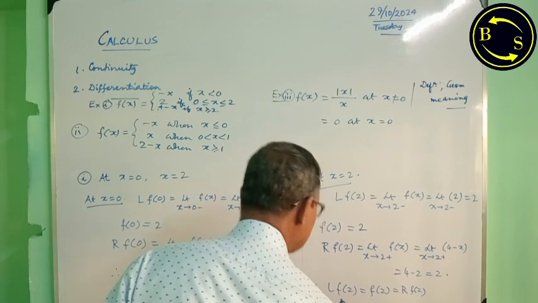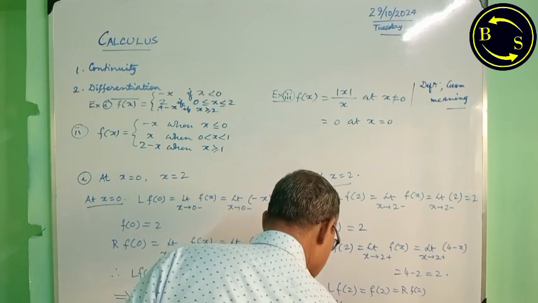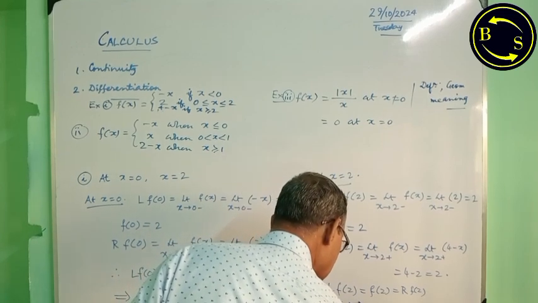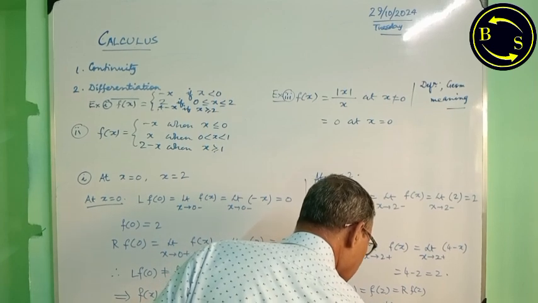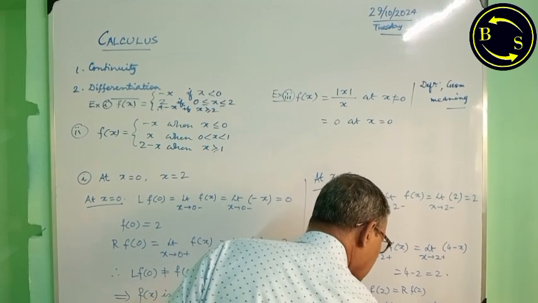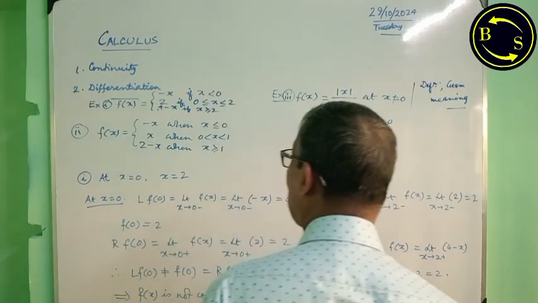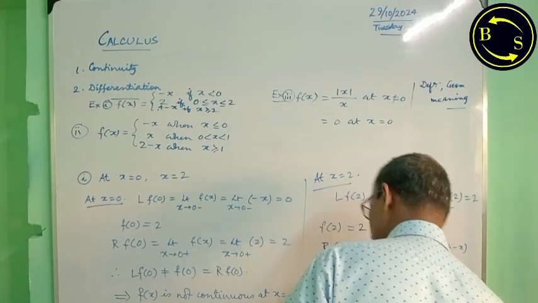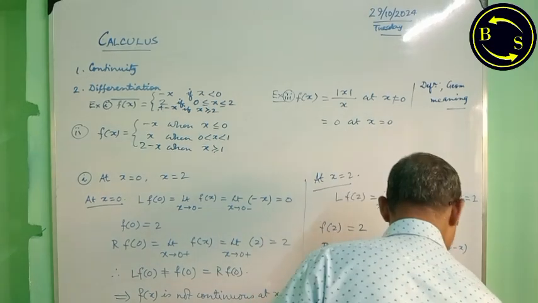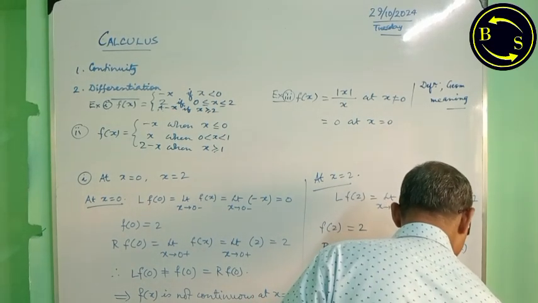Therefore, f(x) is continuous at x equal to 2.